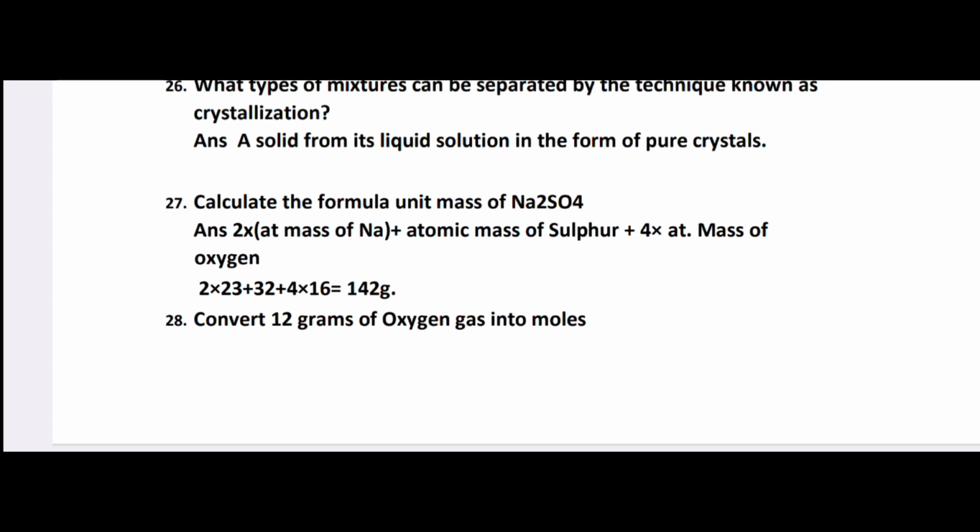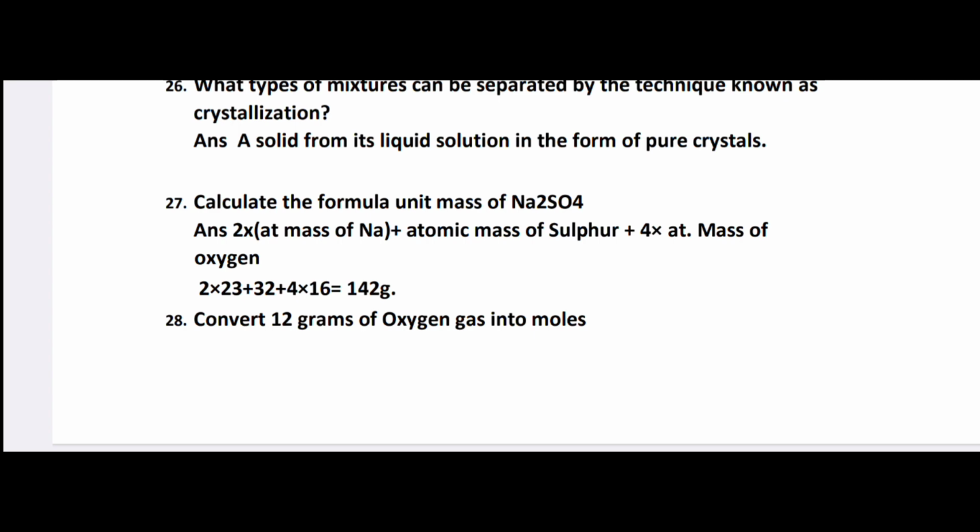Calculate the formula unit mass of Na2SO4, means sodium sulfate. Now, here is the formula for calculating the unit mass. You can calculate the unit mass of any compound by using this formula. What is the formula? 2 multiplied by atomic mass of sodium plus atomic mass of sulfur plus 4 multiplied by atomic mass of oxygen.